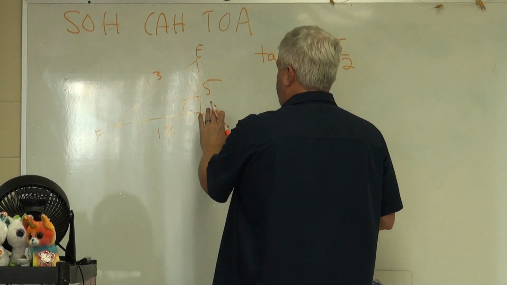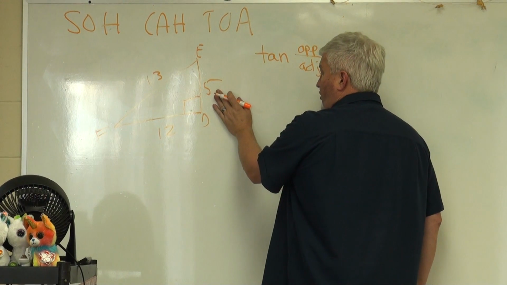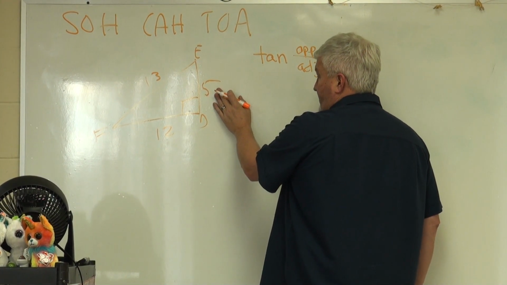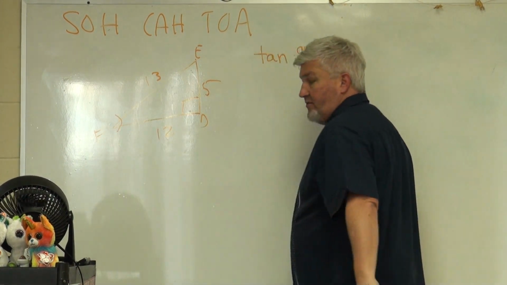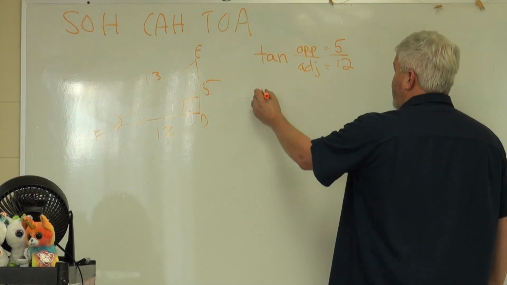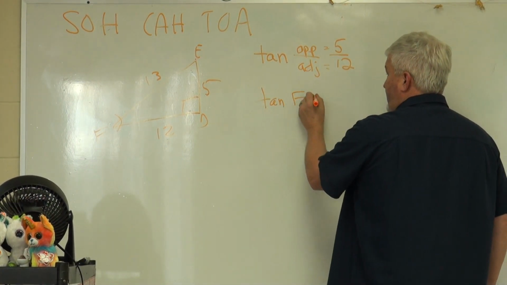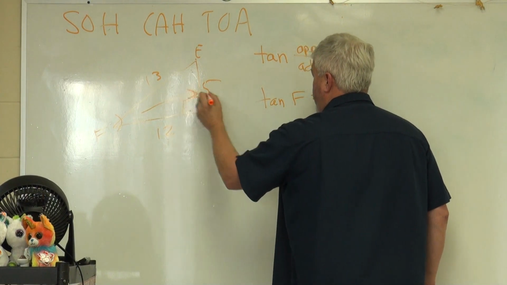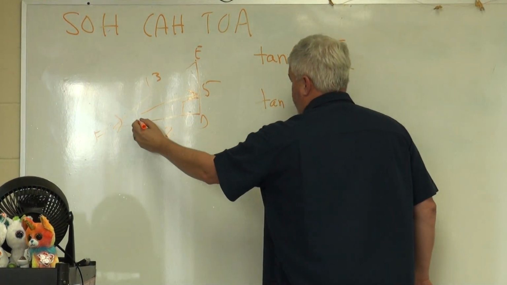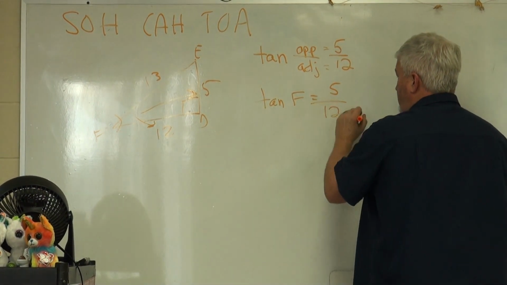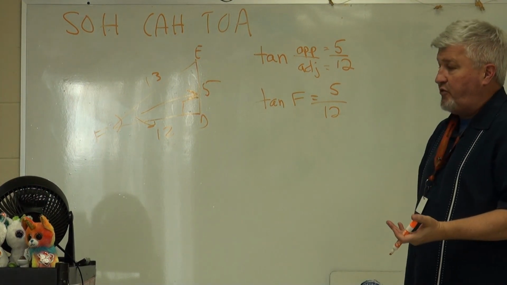So if I look back at my triangle and say which angle has 5 as its opposite, it's angle F. So the tangent of F equals opposite over adjacent, 5/12, which is what we wanted. So the answer for both of those is angle F.